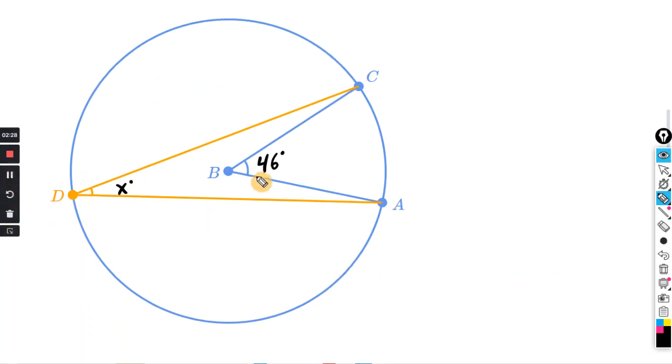We can clearly see that this one is the central angle, and this one here is the inscribed angle.